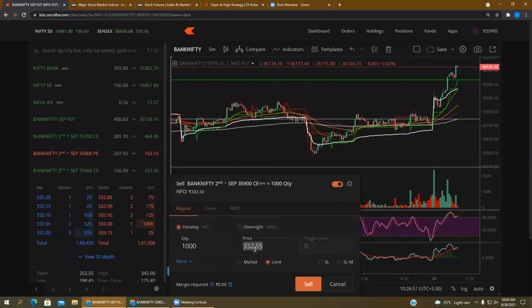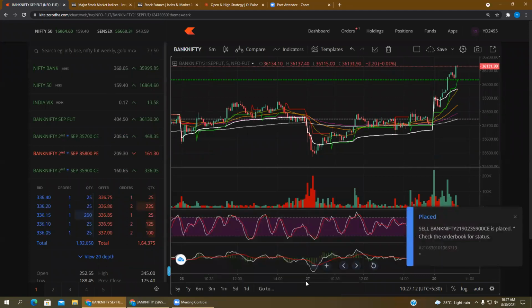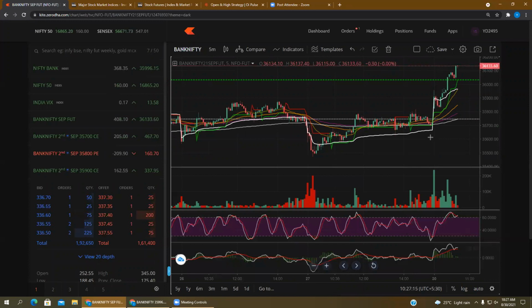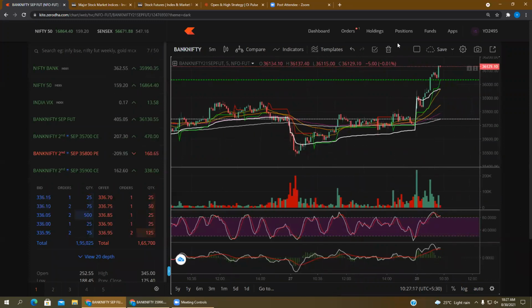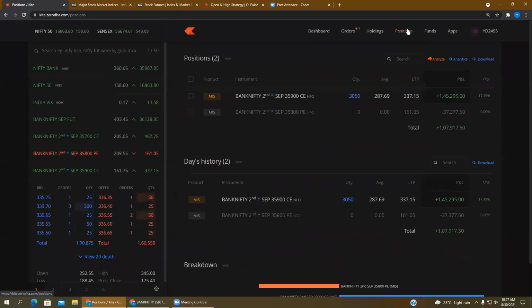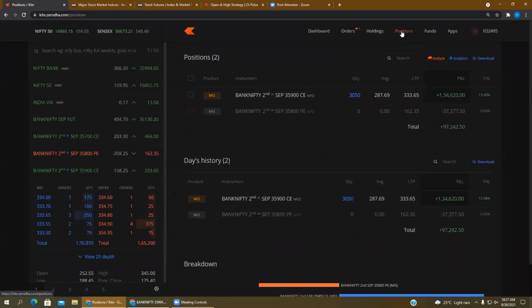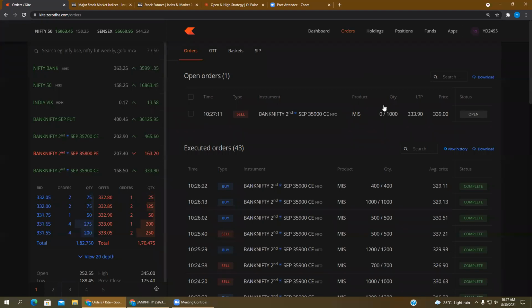For 1000, I can put a limit of 339. I put a limit order of 339 on 1000 quantity.